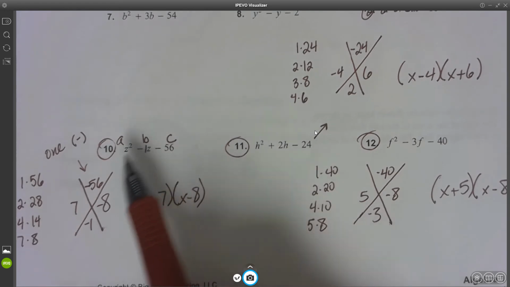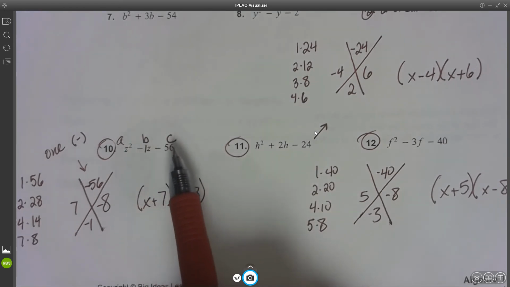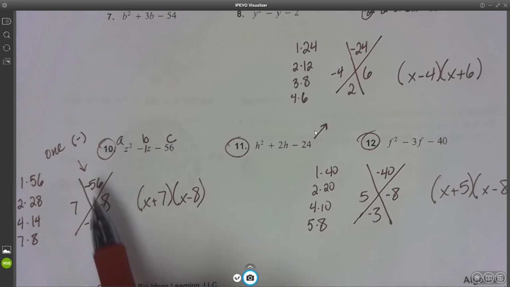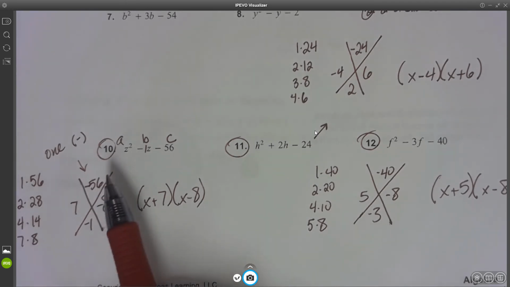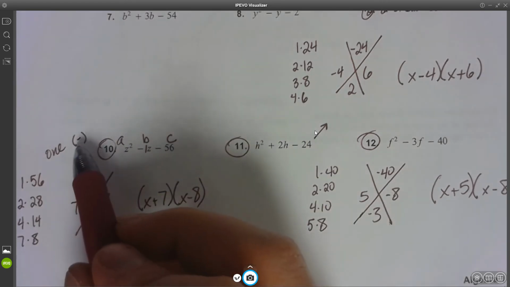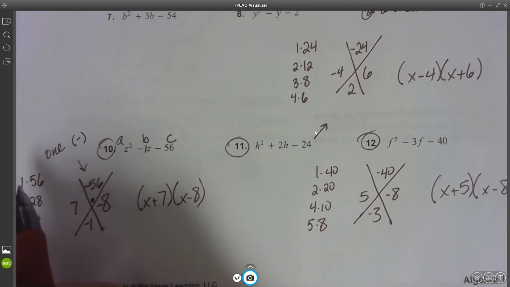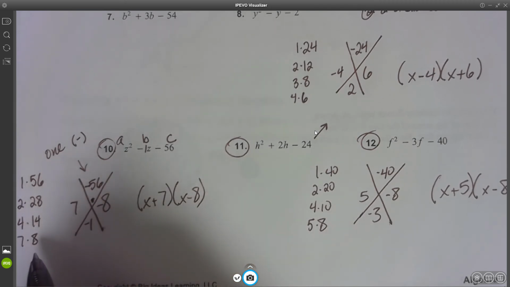So when I look at 10, I see a, b, and c. So my top number in my x is negative 56. My bottom number is negative 1. If I need two numbers that multiply to a negative, I need one of them to be negative. Then I make my factor pair list for 56, up to 7 times 8. I already used 8, so I know I don't need to go further.